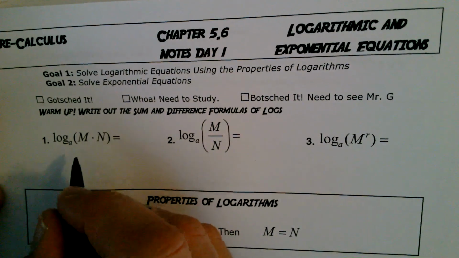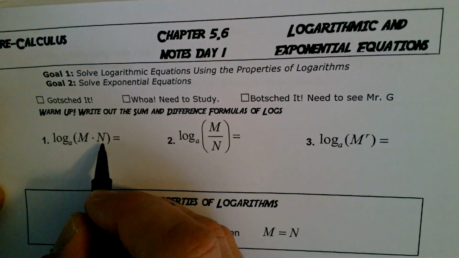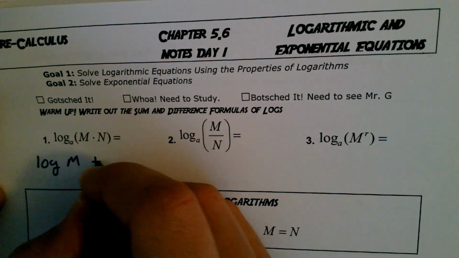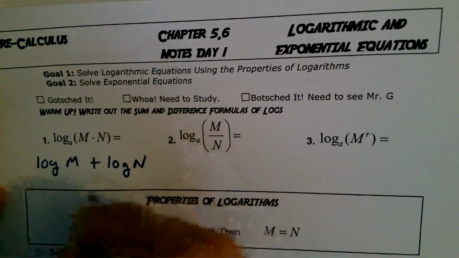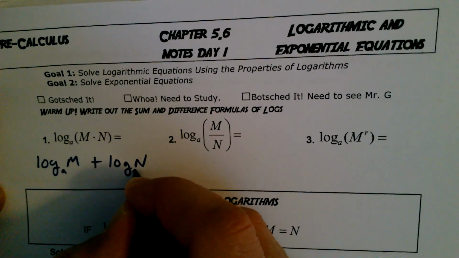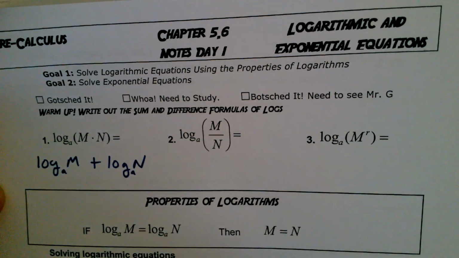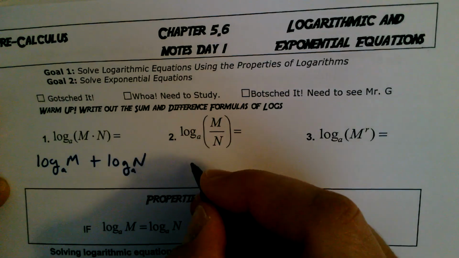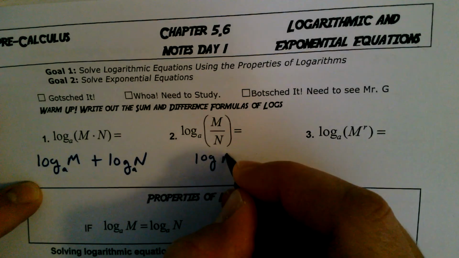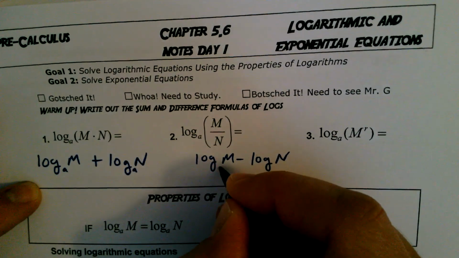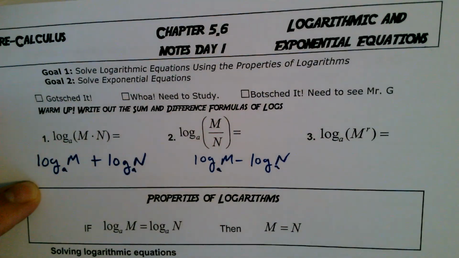Together, just a reminder, if I have the log of m times n, then I should know that is the log of m plus the log of n, and whatever that base is stays the base. So if it's multiplication, it's addition, and if it's division, then it's subtraction of logs, both base a.